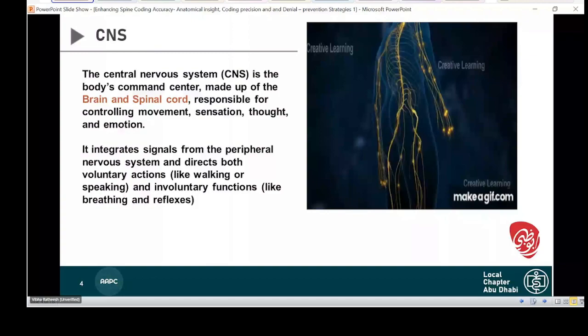The central nervous system comprises the most important parts of our body, the brain and the spinal cord. The brain acts as the primary control center, whereas the spinal cord acts as a communication highway or pathway between the brain and the rest of the body.